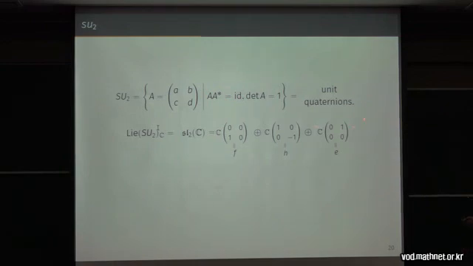And with a little work in compact Lie groups, you see that if you take the quaternions, this is a 4-dimensional vector space, and you take the unit quaternions inside that, so now we get a 3-sphere, and this is precisely what this group is. And we can complexify the Lie algebra of SU2, and what we get is SL2C, this Lie algebra of 2 by 2 complex traceless matrices.